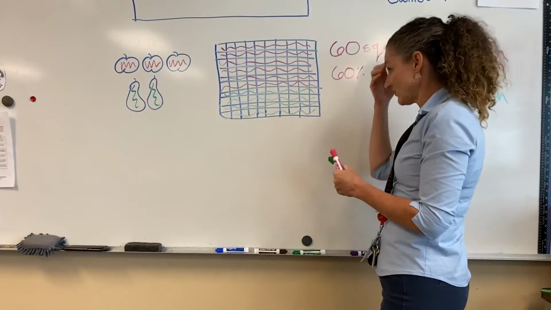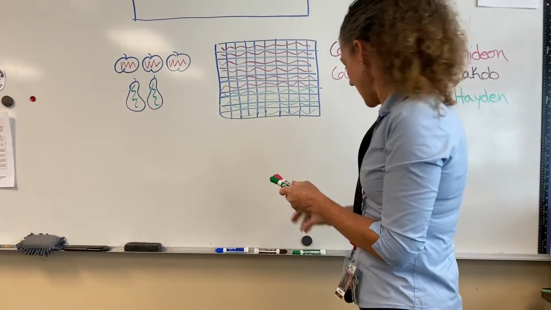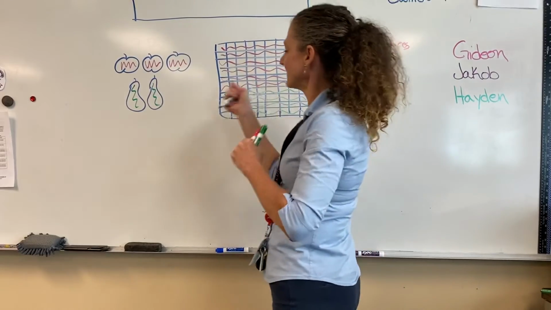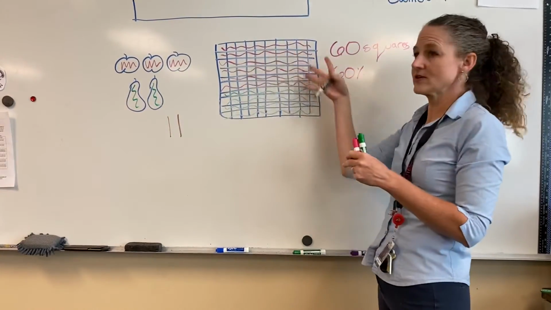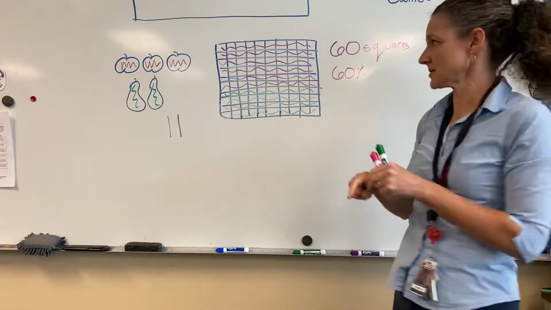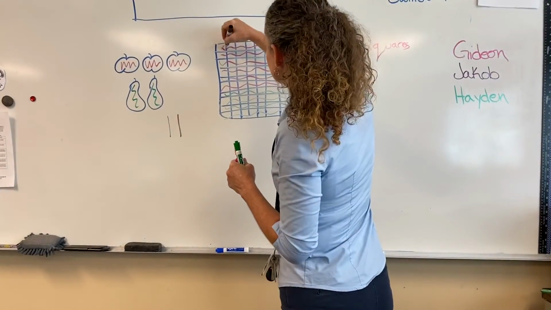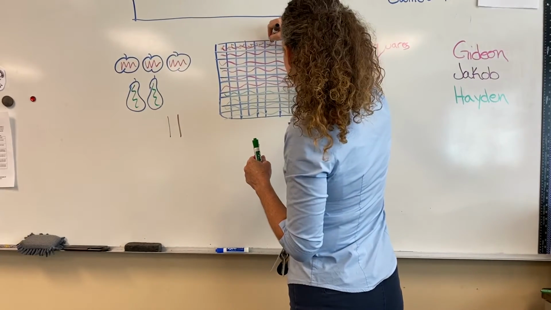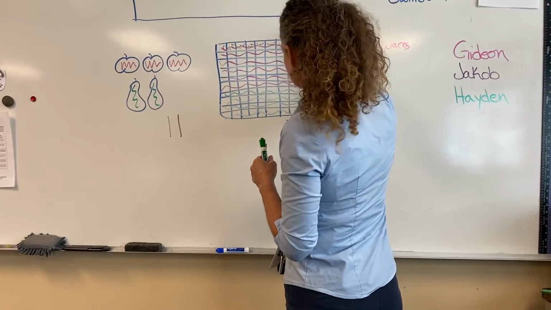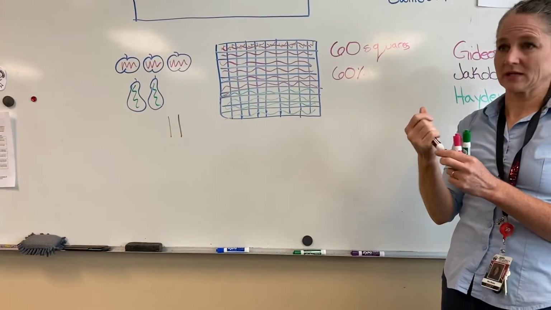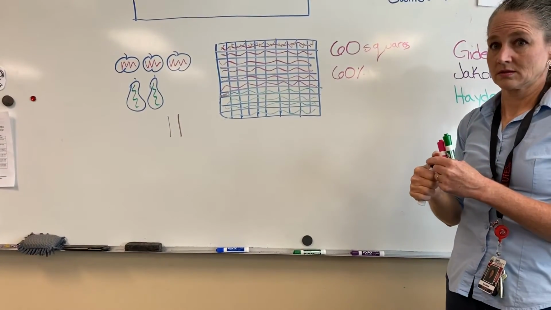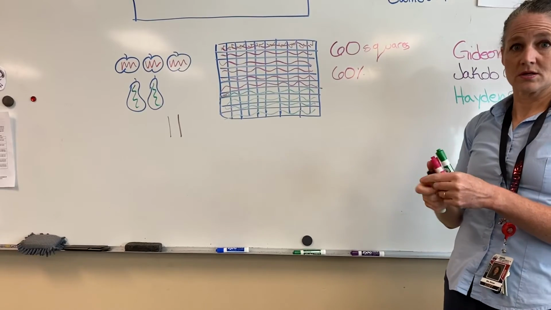What if I say that 11 of my fruits here have worms? 10 apples and 1 pear. What percentage of my fruit is wormy? 10% or 1%?